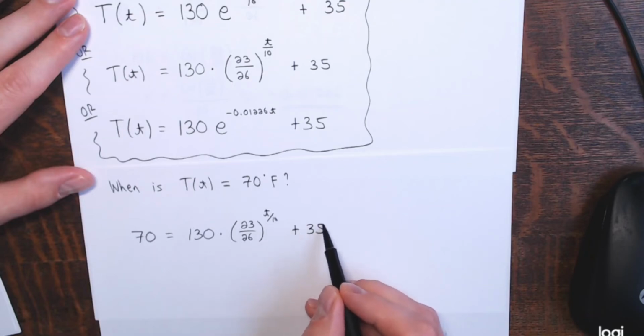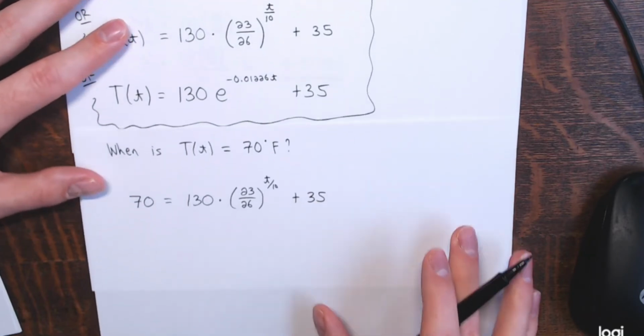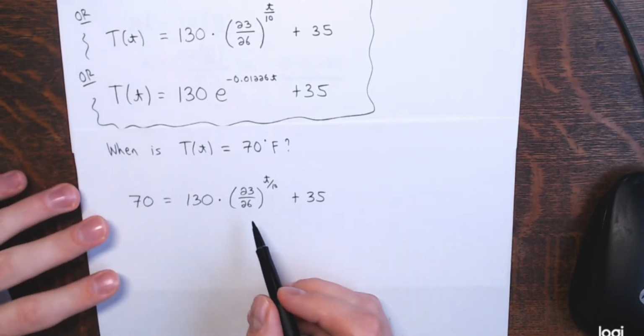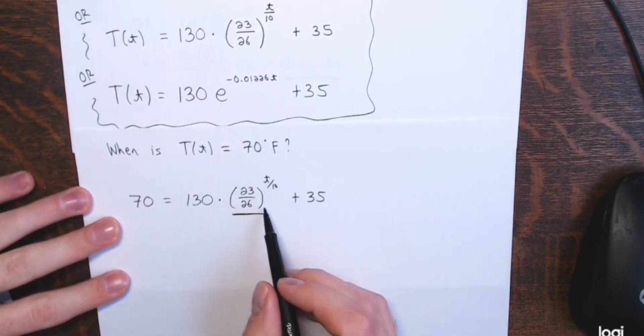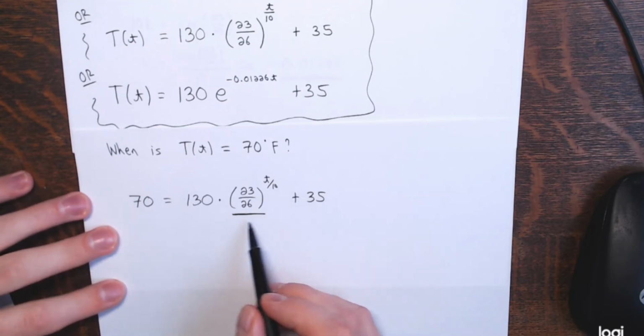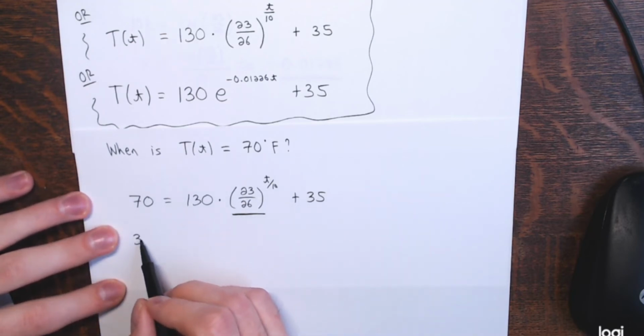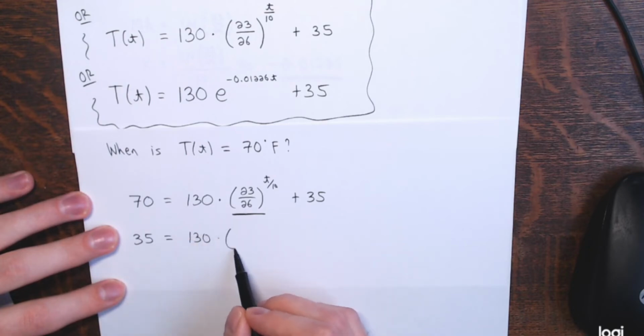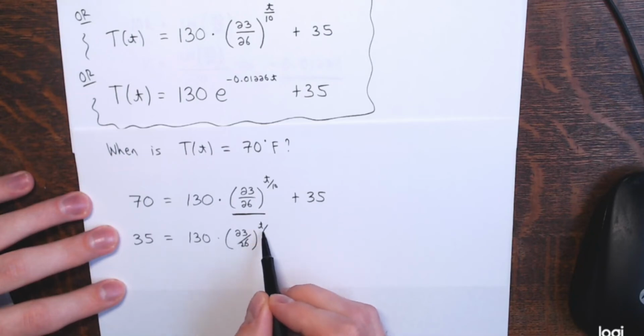And then we solve this, it's an exponential equation. You should know how to solve exponential equations like this by now. Get this base and power alone. So I subtract 35, that gives me 35 on the left equals 130 times 23 26ths to the t divided by 10 power on the right.